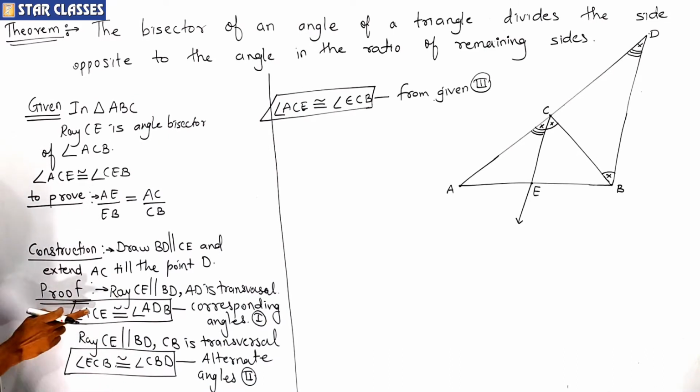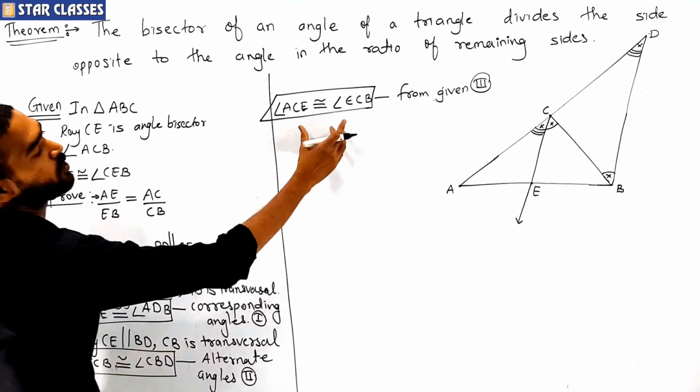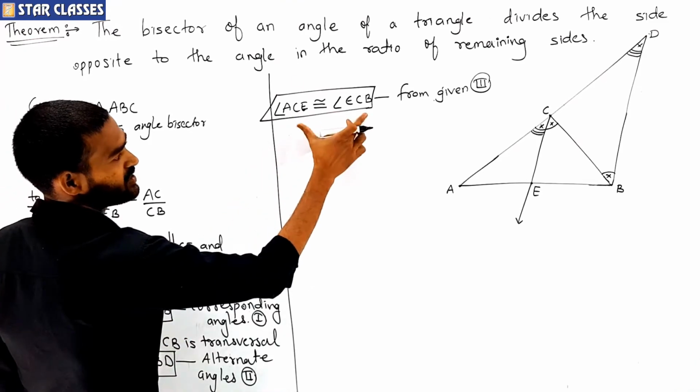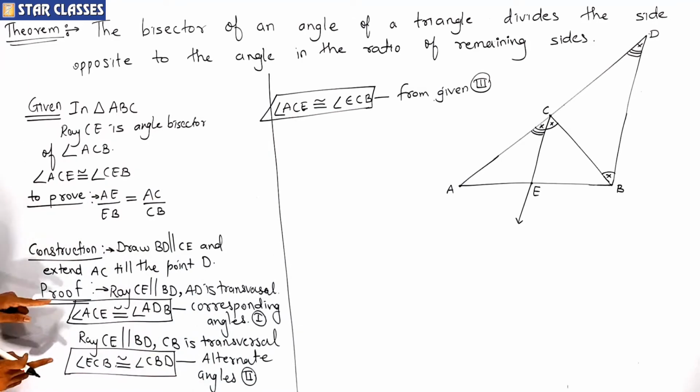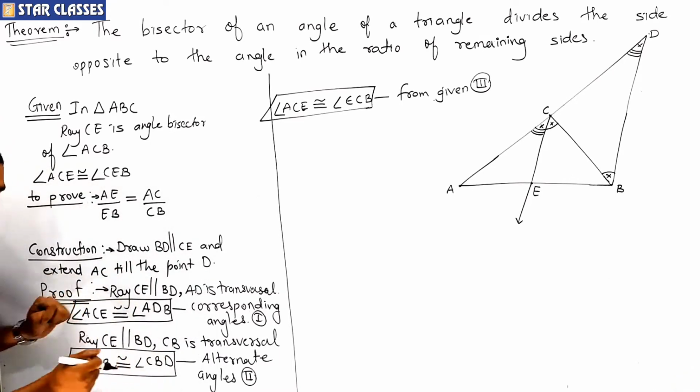What can we see here? Left hand side ACE, left hand side ECB. Now in equation number 3, ACE and ECB both are equal. It means left hand sides are the same. Since left hand side is the same, therefore right hand sides are also equal.